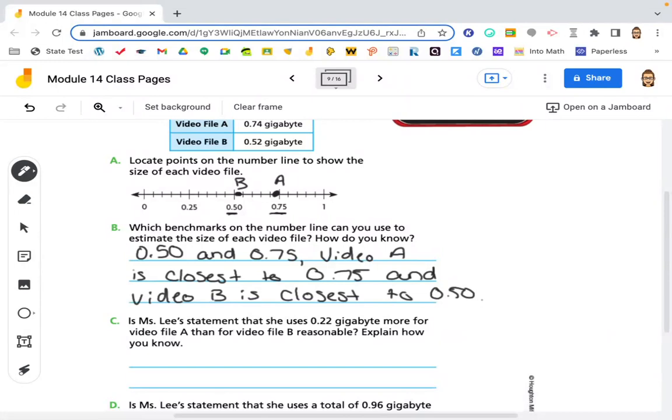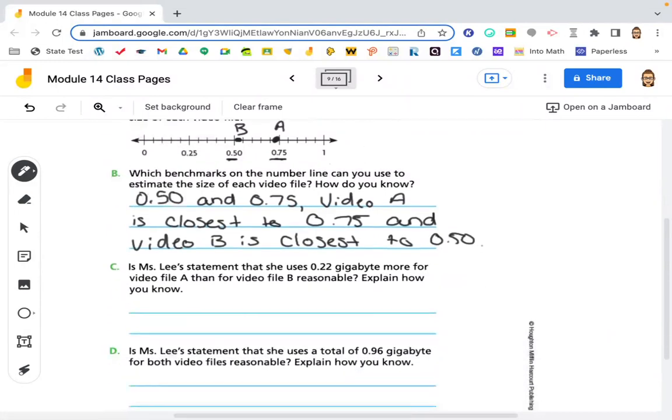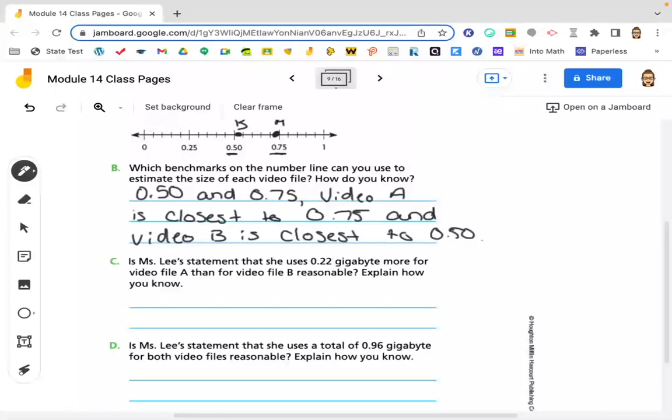Is Miss Lee's statement that she uses 22 hundredths gigabyte more for video file A than for video file B reasonable? Explain how you know. Well, if we subtract 75 minus 50, 5 minus 0 is 5, 7 minus 5 is 2, and then we get 0.